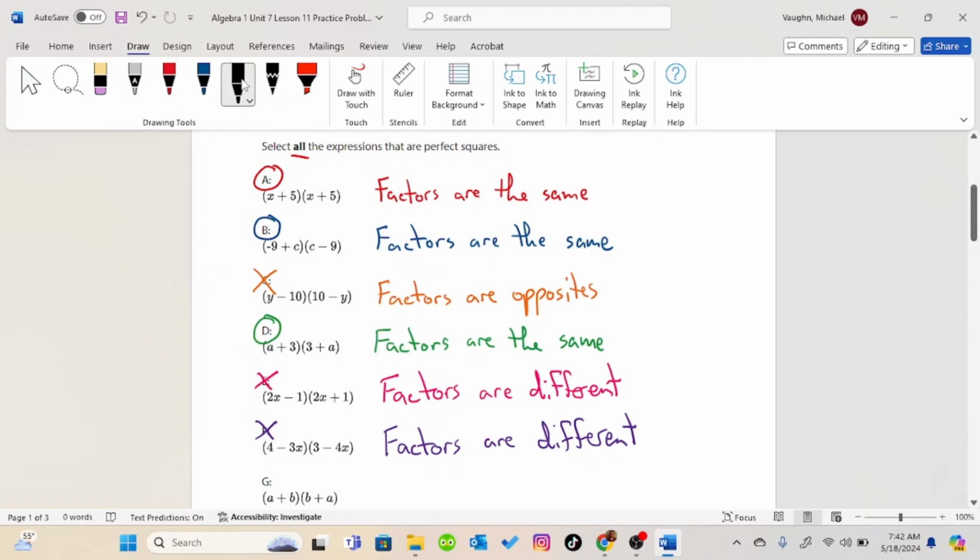And choice G, we have a plus b times b plus a. While the order might be different, a is positive in both factors, and b is positive in both factors. This means the factors are the same.